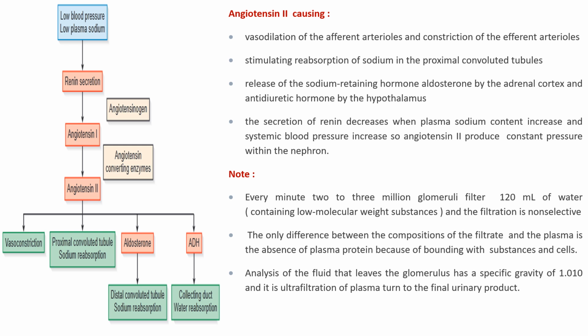And the other is ADH, antidiuretic hormone, by the hypothalamus. It works on water reabsorption from the collecting duct. The secretion of renin decreases when sodium content increases and systemic blood pressure increases too. So angiotensin 2 produces constant pressure within the nephrons.